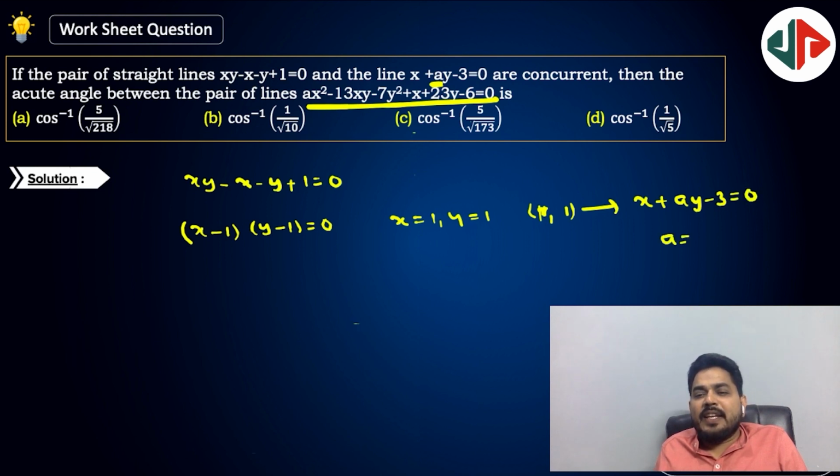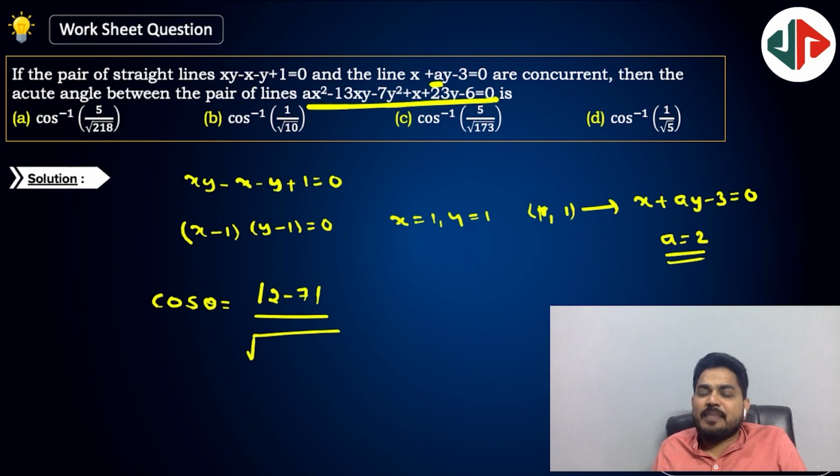So clearly a is equal to... Now from here, cos theta is equal to the modulus of (a plus b) over the square root of (a minus b)... minus of minus 9 whole square, 81, plus 4 square, 13 square is 169, which is equal to 5 by root 2... So that is 5 by 5 root 10.